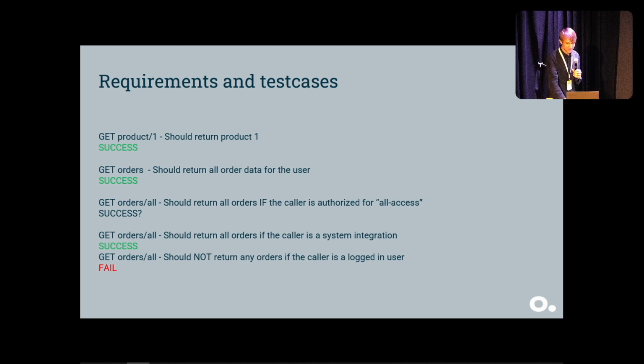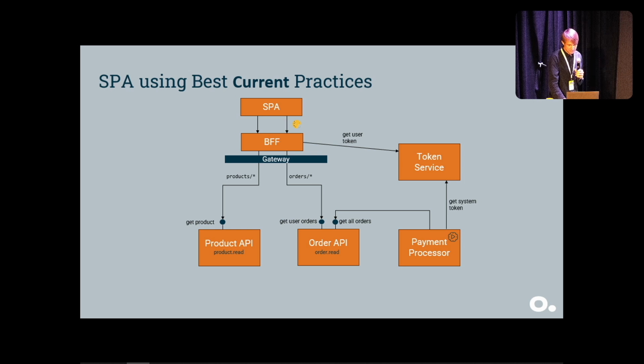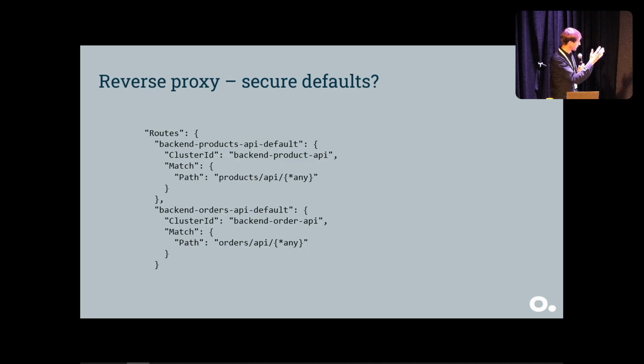So how did that happen? What enables this attack? If we look closely into this picture, we will start looking at the BFF here. What does it do? It has routes, and we see the stars there. A default configuration for many reverse proxies or gateways like this looks something like this.